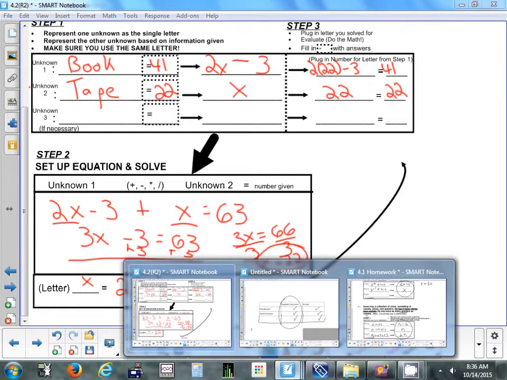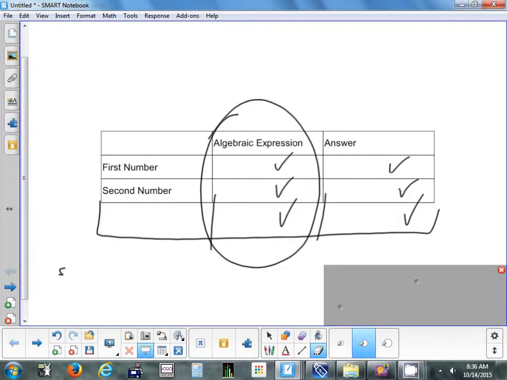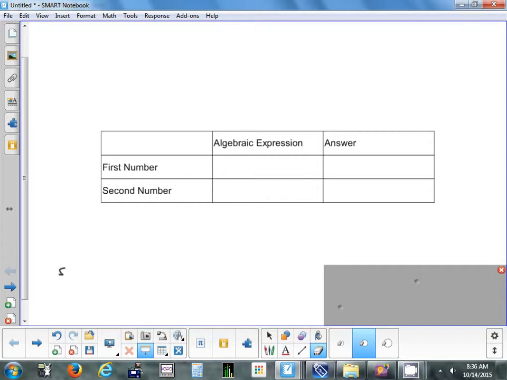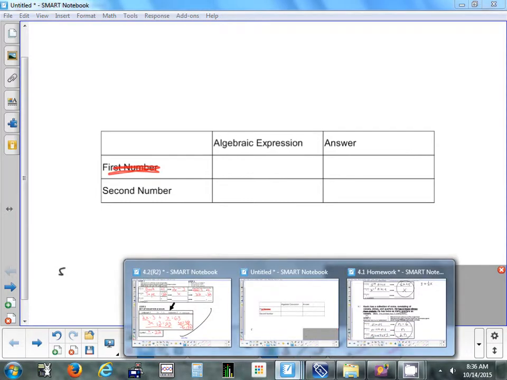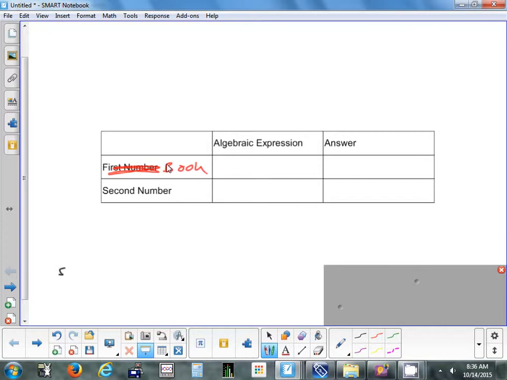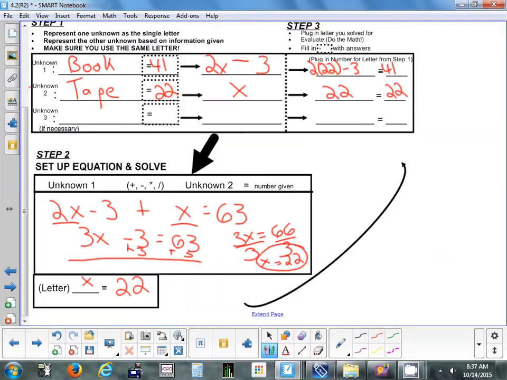Okay? And if this was the problem you were writing down and putting in this template, what was the first thing we had? Was it book? Yeah. So this one would say book. This one would say tape. And the 4 things I'd be looking for are 2x minus 3 and x.